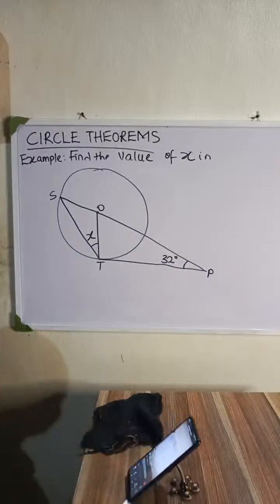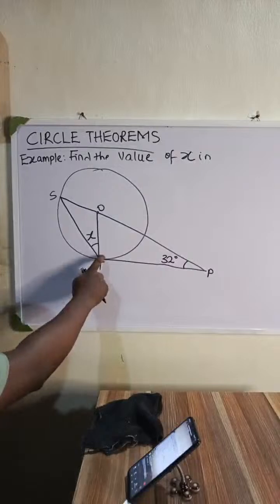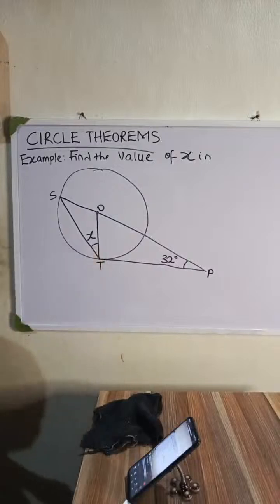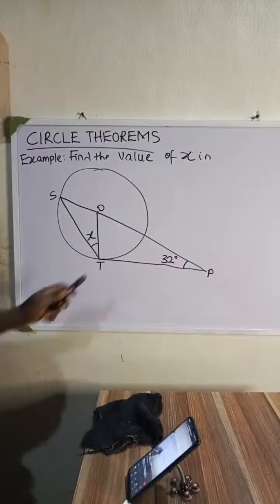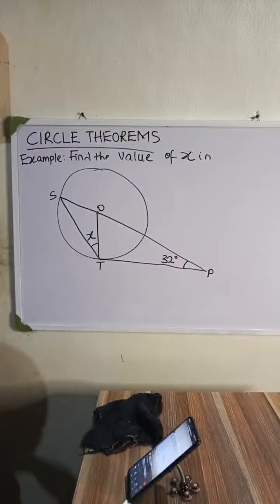Okay, Marcia got 74 degrees. Okay, that's a good attempt. Once you get this angle right, it's easier for you to get the answer. If you get this angle wrong, you miss the answer.